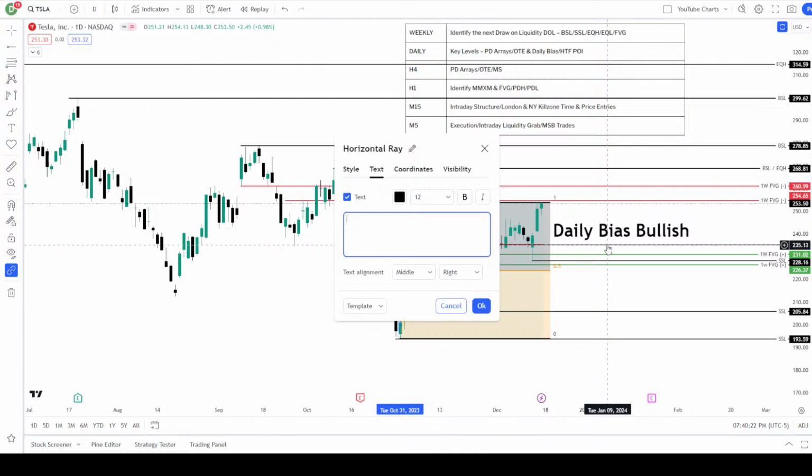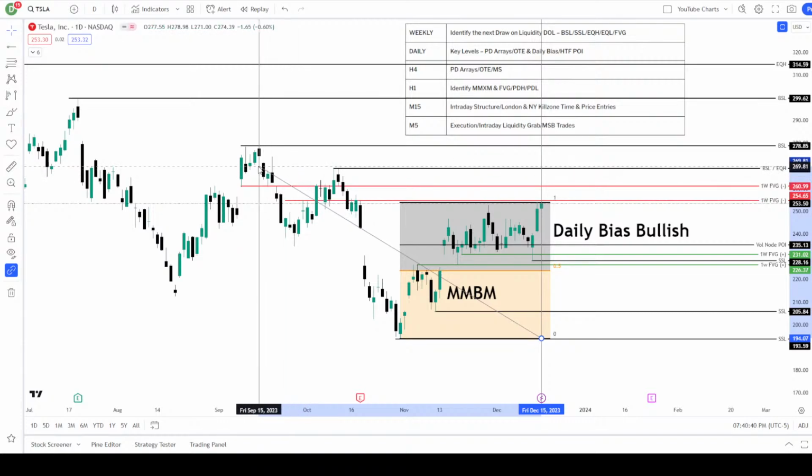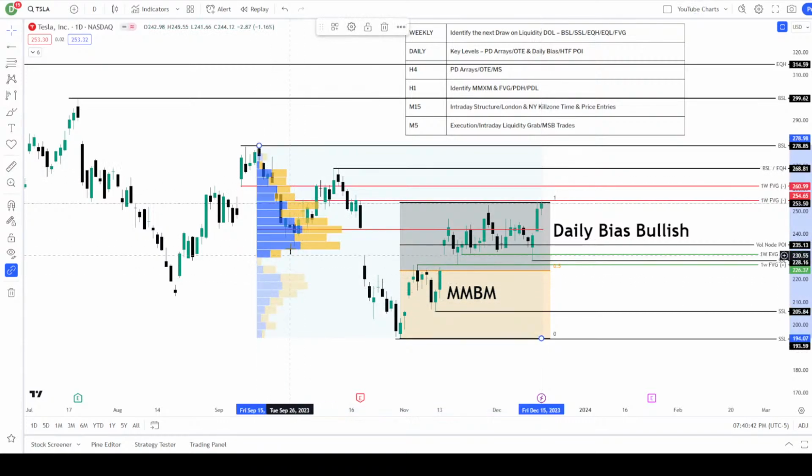And so we have on the swing that we're currently in a volume node point of interest, or you could put POI or POC, point of control. So there's one. Okay, then we're also going to look at this bigger swing here. And we see another volume node point of control right there.